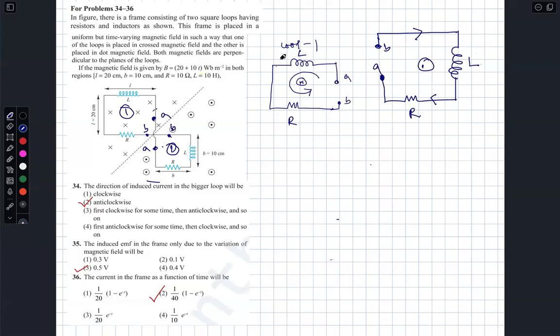Suppose you got the current from A to B in this loop. Again, A to B in this loop, it's a parallel connection. It is not like that. Now, if you flip the diagram, you will understand. Let me just try whether I could flip this or not.